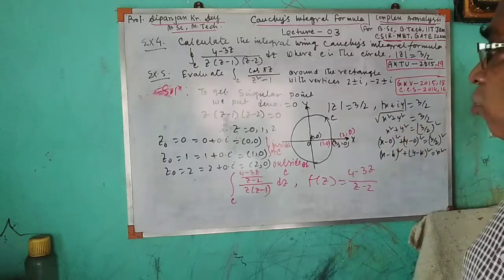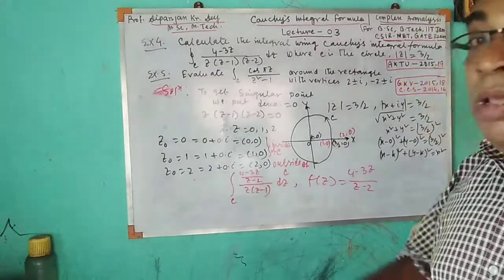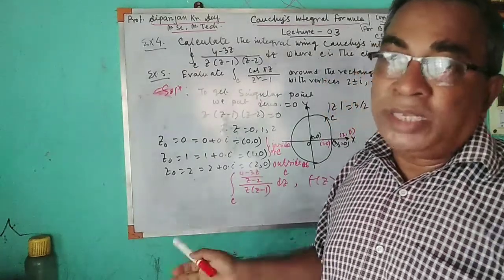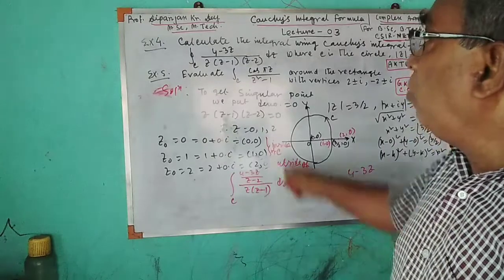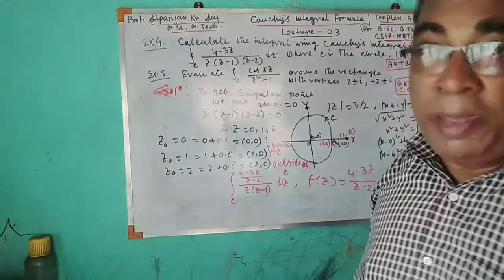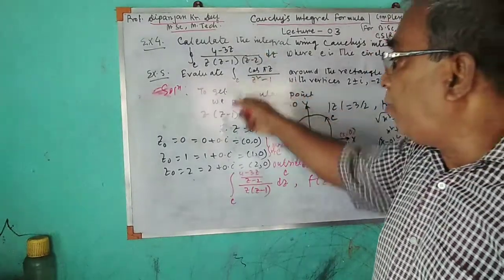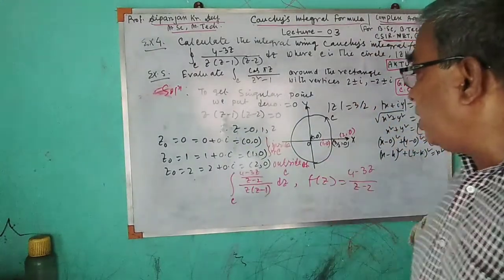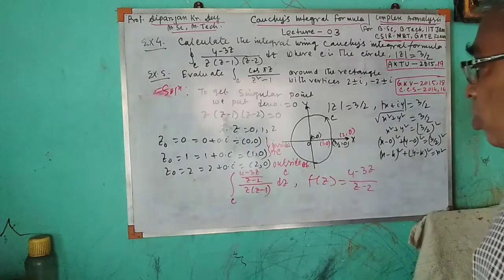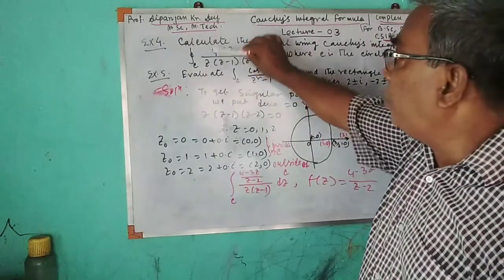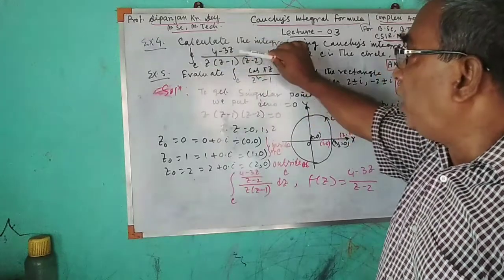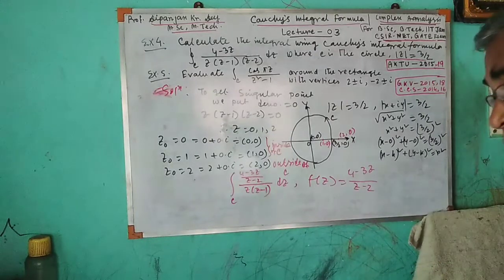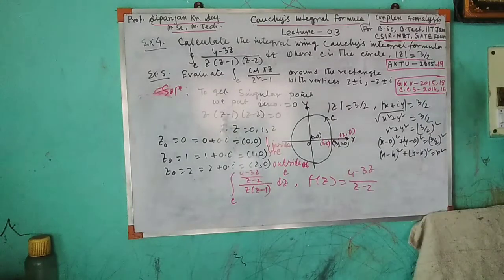After getting the closed curve and singular points, you have to check whether the singular points are inside the circle. If all the singular points are inside the circle, then we take the numerator part as f(z). If all the singular points are not inside the circle, suppose here you see z equal to 2 is not inside the circle, so I am dividing numerator and denominator by z minus 2, then we get this part as f(z). Now what is actually Cauchy's integral formula?